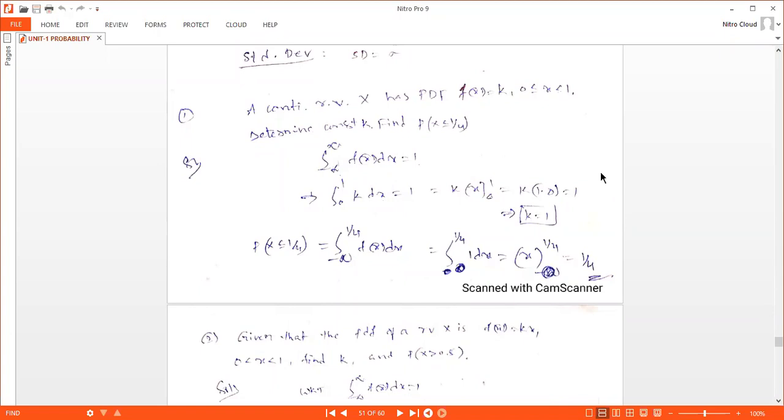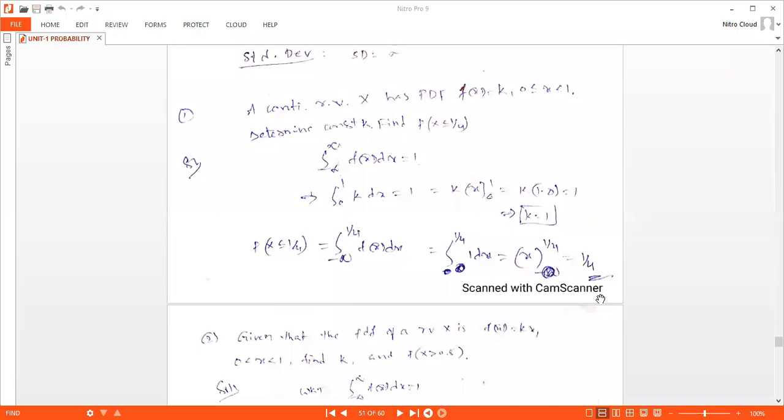So it starts from 0, 0 to 1 by 4, f of x is 1, dx. Integrate that. The integral of 1 is x, within the limits 0 to 1 by 4. So your probability value is 1 by 4.